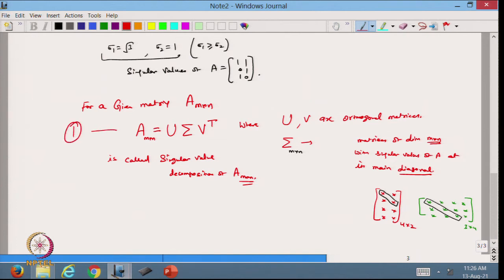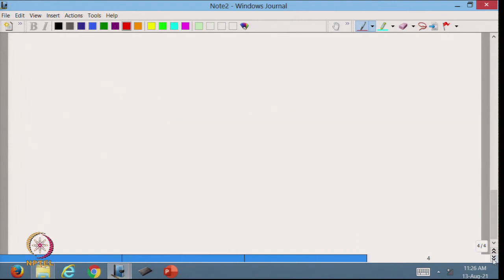So, let us see how to find U, V and sigma, all things we need to find.